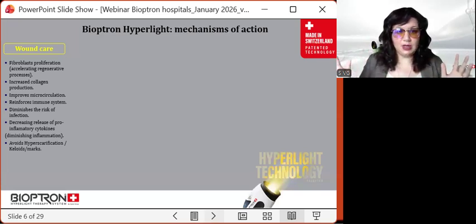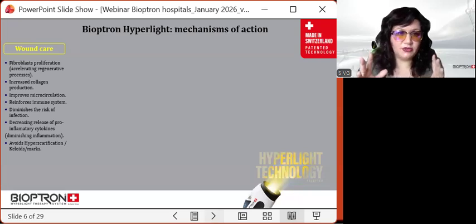For wound care, the objective is to close the wound, avoid complications in the future, and avoid pain for the patient. So you will explain to the healthcare professional how Bioptron will help with wound care. First, it will improve fibroblast proliferation. This will have a very nice effect because it will accelerate the regenerative process.